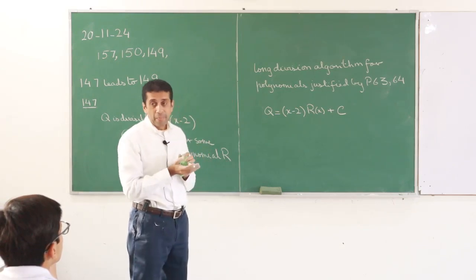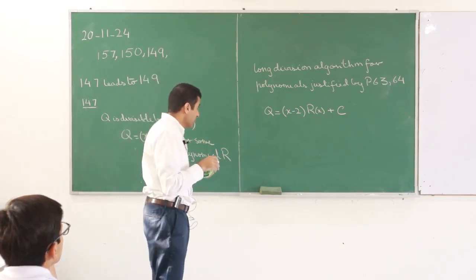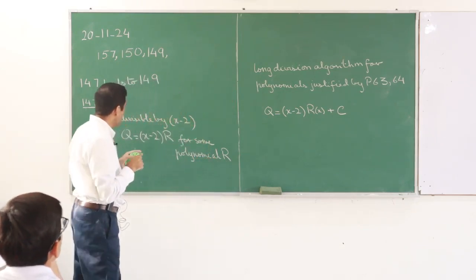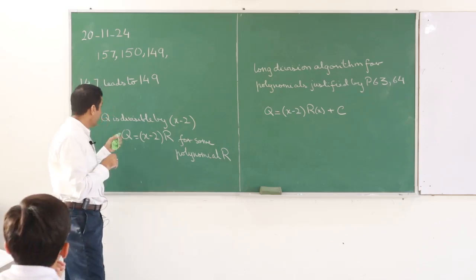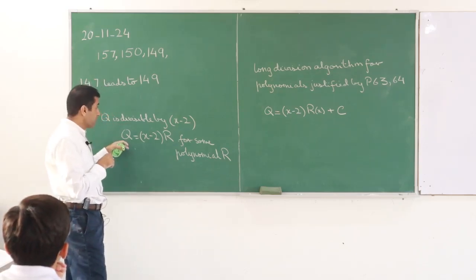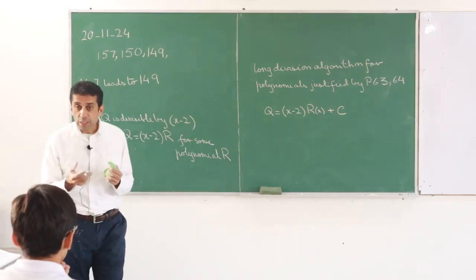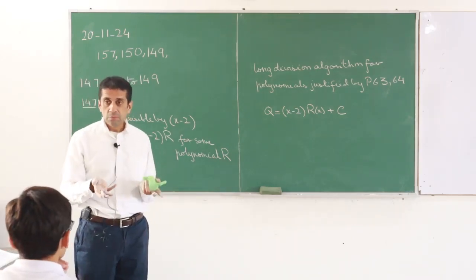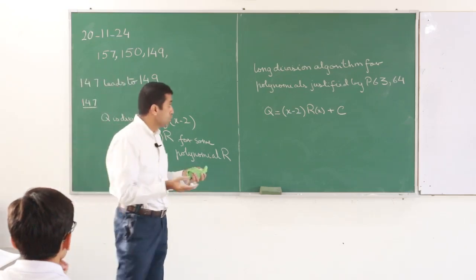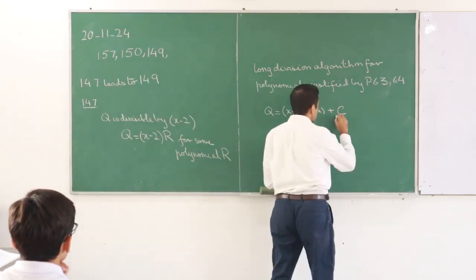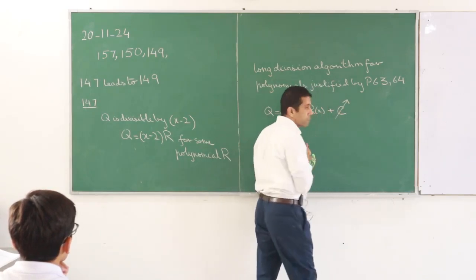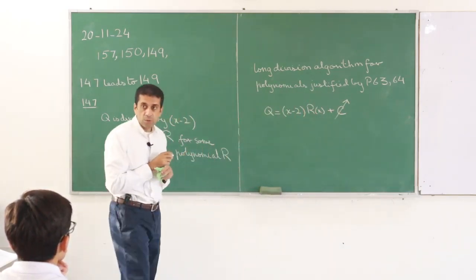But if something is divisible by x minus 2, that means the remainder is equal to 0. There is no remainder, so this constant is equal to 0.